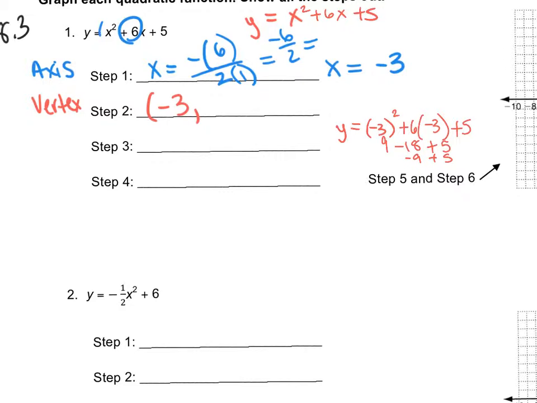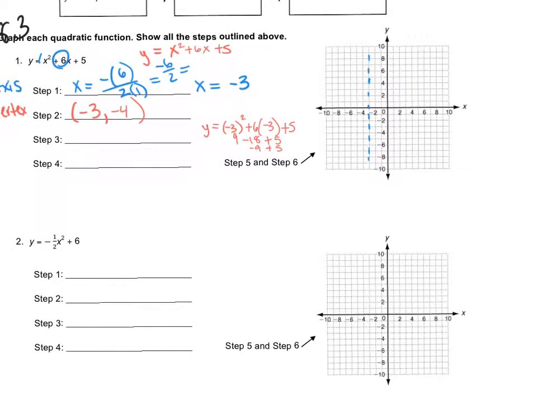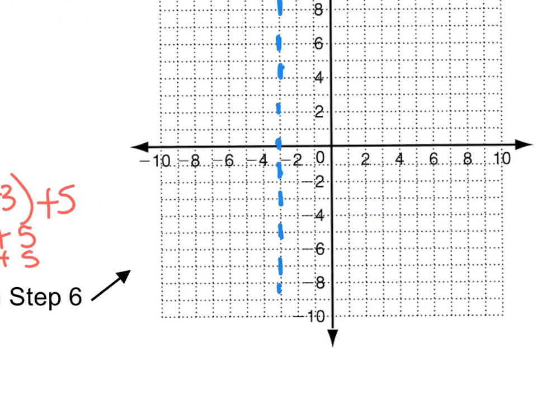Negative 9 plus 5 is negative 4. So my vertex is negative 3, comma, negative 4. That means that I can actually graph it by going negative 3, comma, negative 4. That is my vertex.